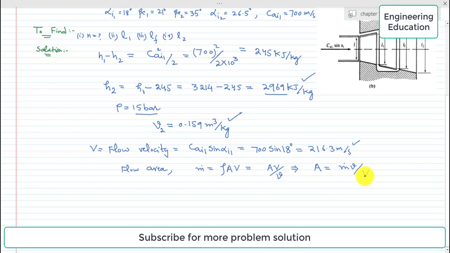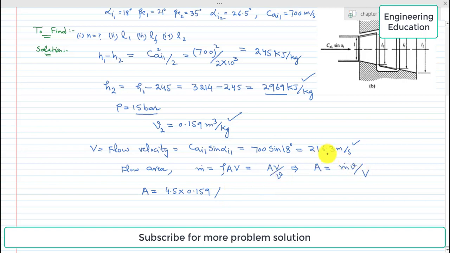So now for flow area, putting the values, m dot is given in the problem, which is 4.5 kilogram per second, and the value of specific volume is 0.159 cubic meter per kilogram.